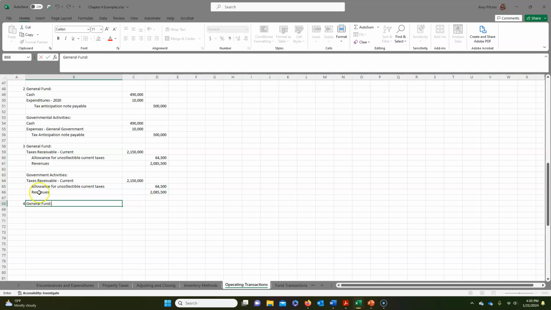In our general fund, we then have encumbrances and encumbrances outstanding of $2,060,000. Okay. And there is no entry in governmental activities.